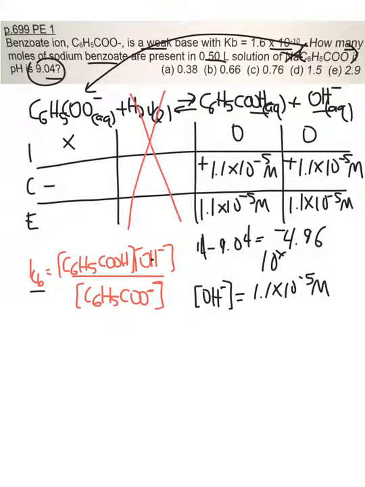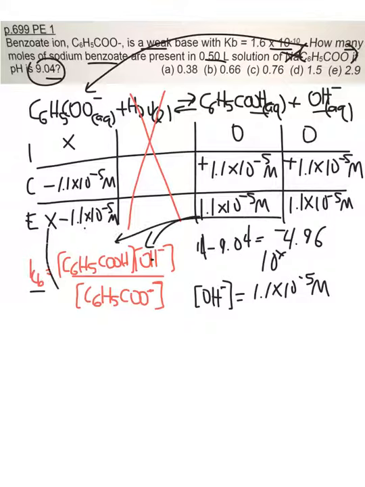So because the change here was 1.1 times 10 to the negative fifth, at equilibrium then it's x minus 1.1 times 10 to the negative fifth molar. Now you can plug in all your values, and you also got the Kb up here as well, so do that now.